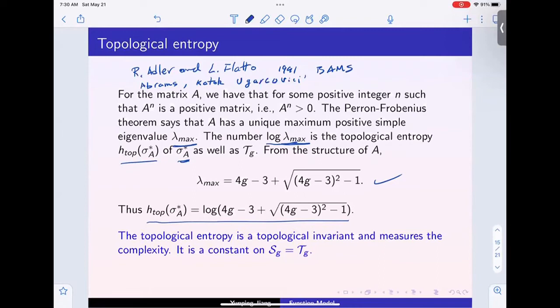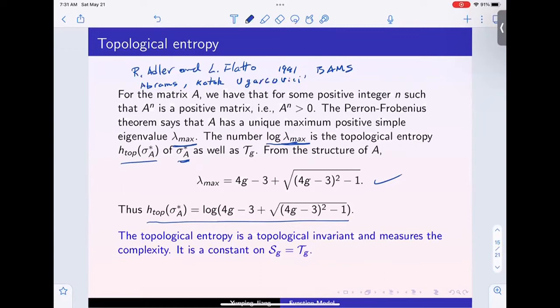Now, what is topological entropy good for in the study of hyperbolic Riemann surfaces? Topological entropy really tells you how complicated the closed geodesics on the Riemann surface are. This will not change with the shape of the Riemann surface.